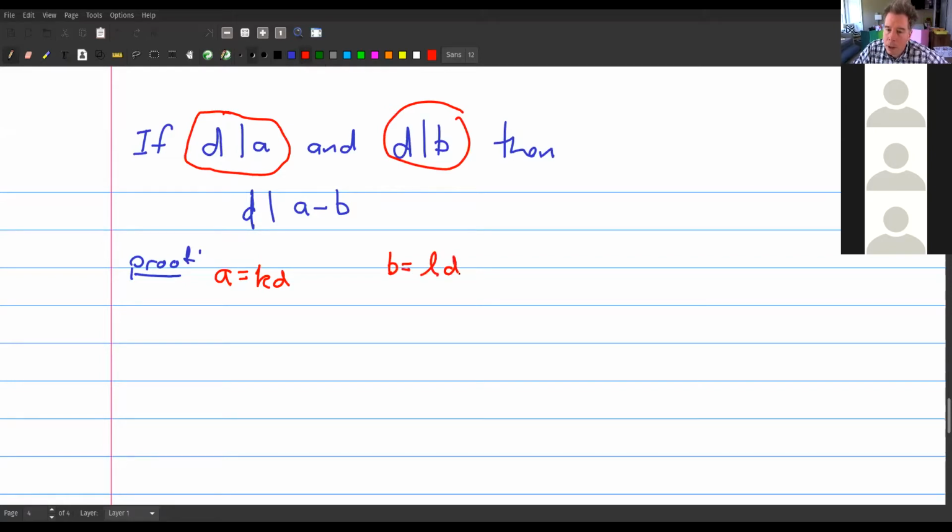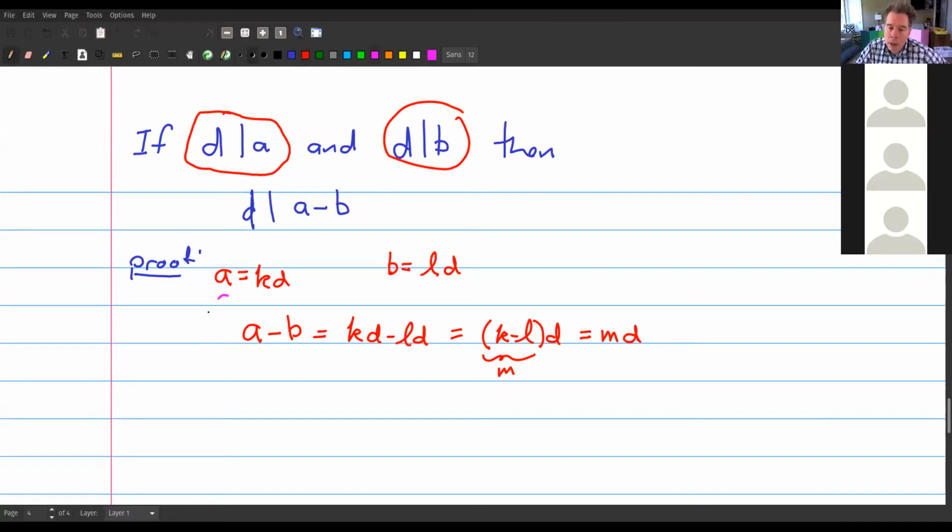Let's call it L. So then if I look at their difference, A minus B, this is equal to KD minus LD. And you can factor out a D, and this is K minus L times D. You can call this some other number, like M. So it's equal to MD.